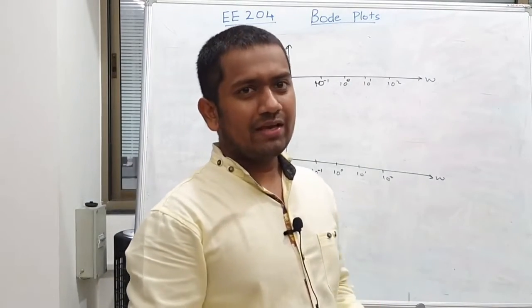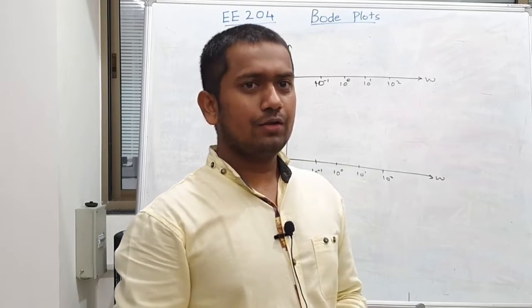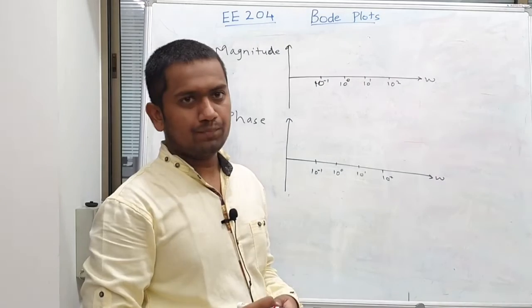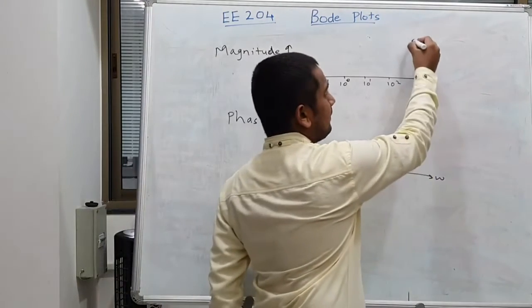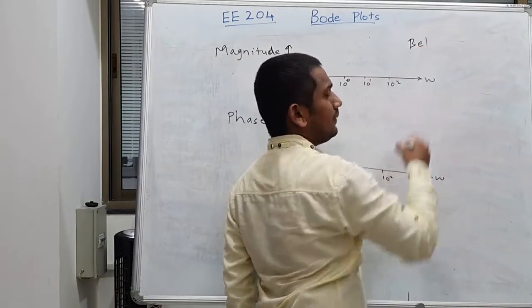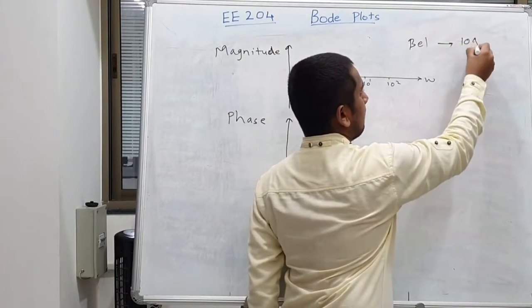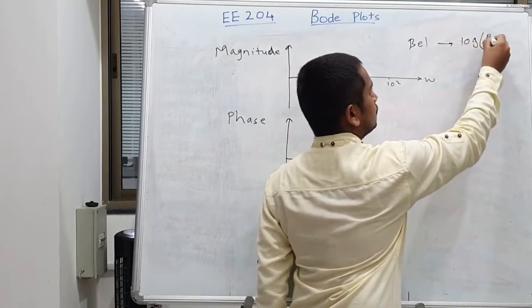While they were working in Bell Labs, they had one unit for plotting magnitude in log domain. So in Bell Lab, they were using a unit called Bell, which is a log operation on a power ratio.